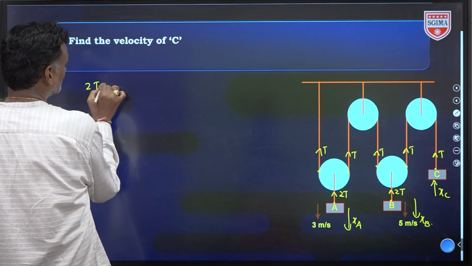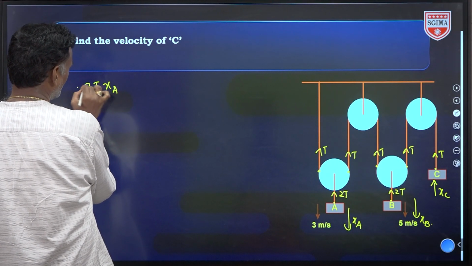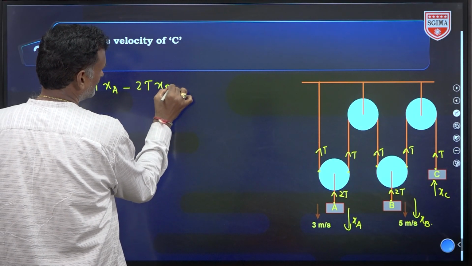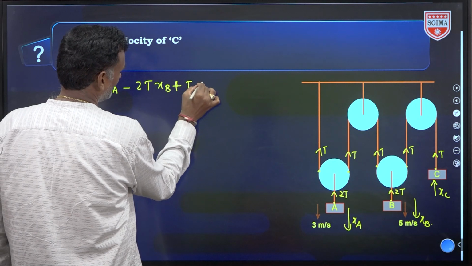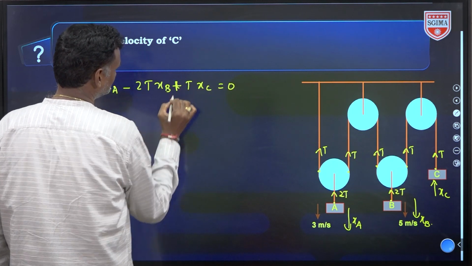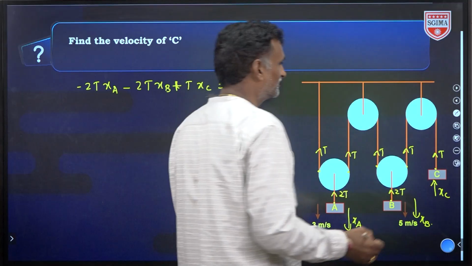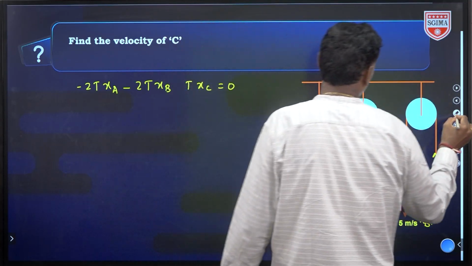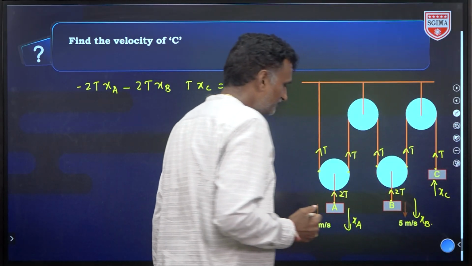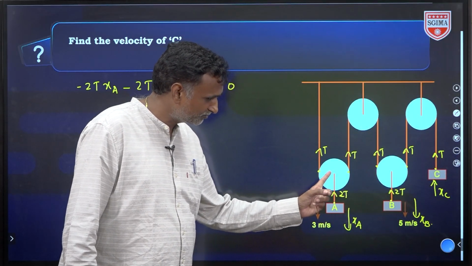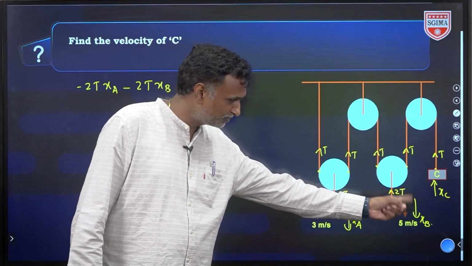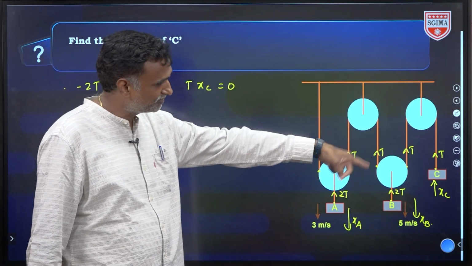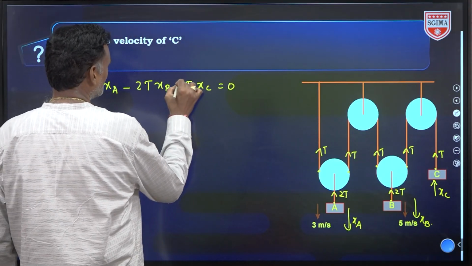So 2T XA, this is minus only, next minus 2T XB, next plus T XC equal to 0. Here I have written directly: XA downward, 2T upward, so minus work done; 2T upward, XB downward, minus work done; and T upward, XC upward, so we take it as plus.